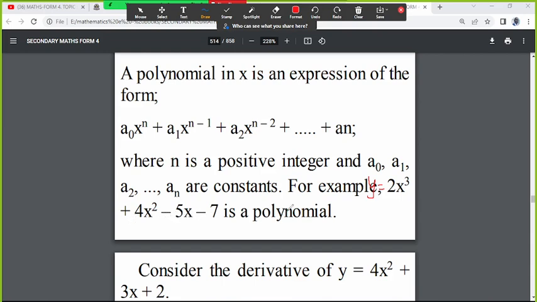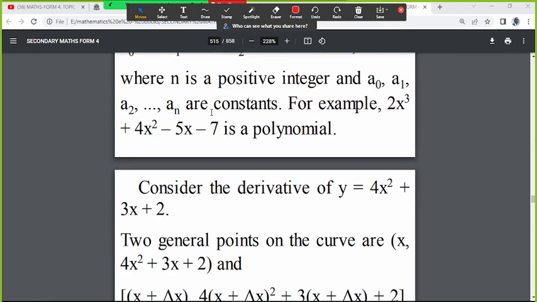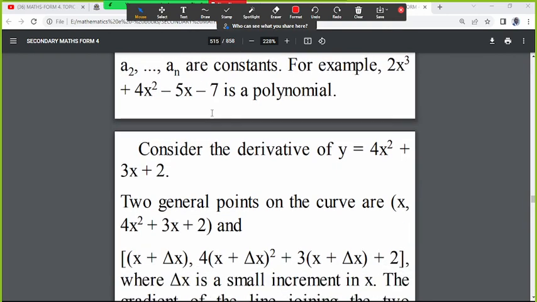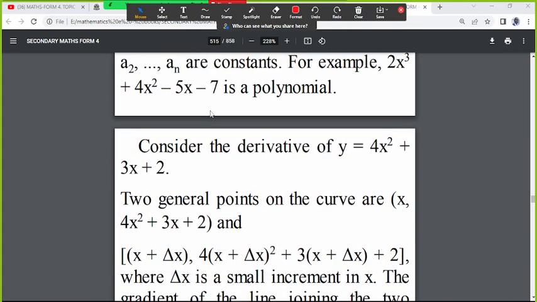So if we consider this one as our polynomial, consider the derivative of y equals 4x squared plus 3x plus 2.